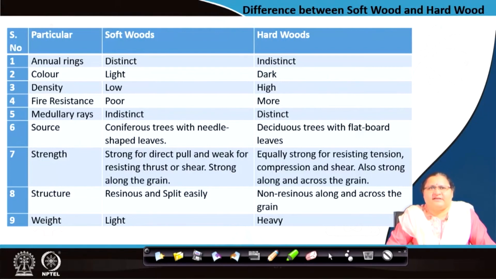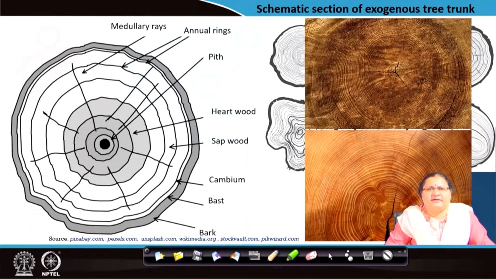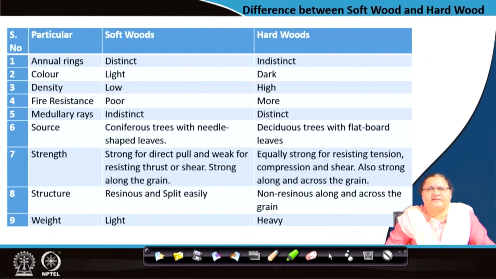So, let us come to see the difference between softwood and hardwood, which we get from the coniferous trees and the deciduous trees. As we understood, the annual ring in the case of coniferous trees, the softwood, is distinct, whereas in the case of hardwood it is not so distinct. The color of softwood, or the coniferous trees, is light, that of hardwood is a little dark.